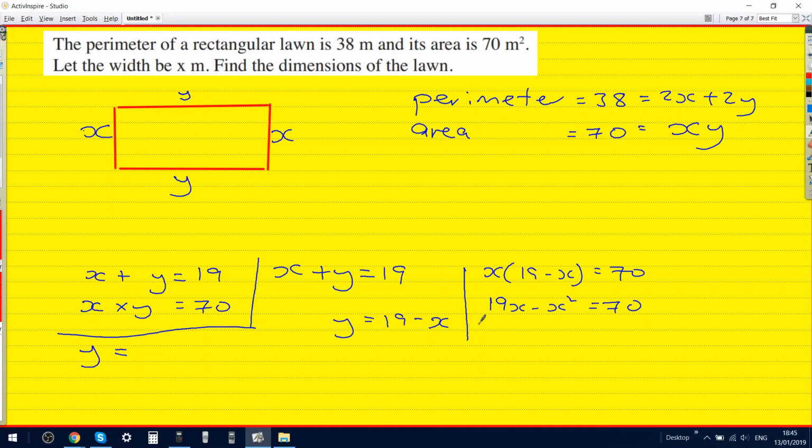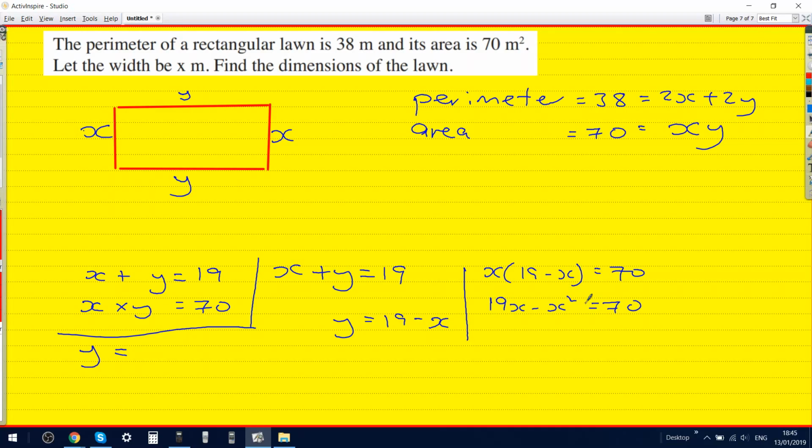Then we can rearrange that. Oh, wait. So we have to make it equal to 0. Yeah. So 19x minus x squared minus 70 equals 0.